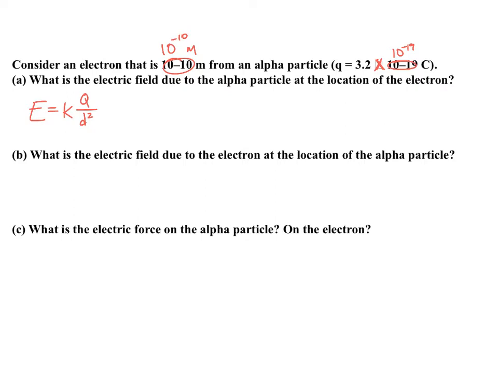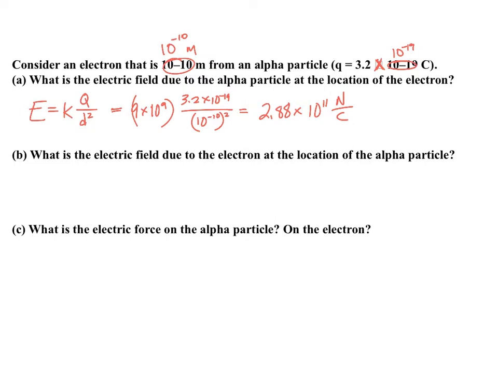And so we plug in. 9 times 10 to the ninth times the charge that we're paying attention to, 3.2 times 10 to the minus 19, over the distance squared. That gives us a very large field, 2.8 times 10 to the 11th newtons per coulomb.